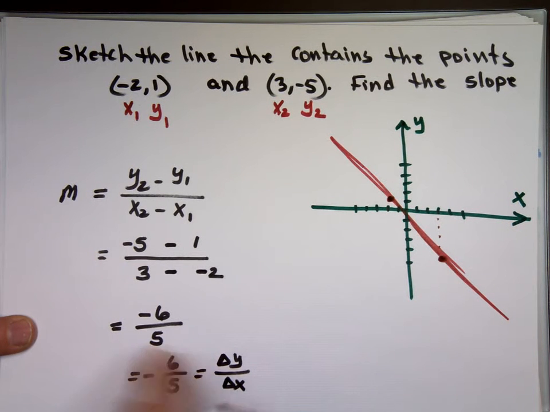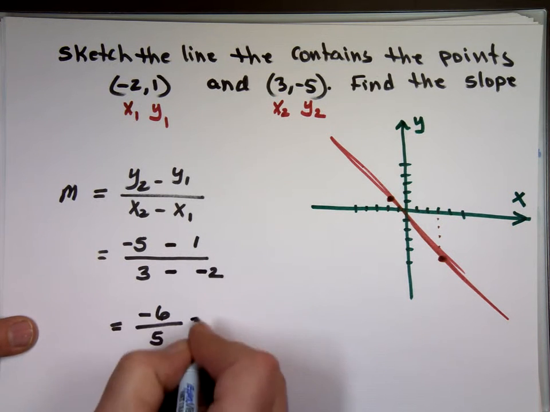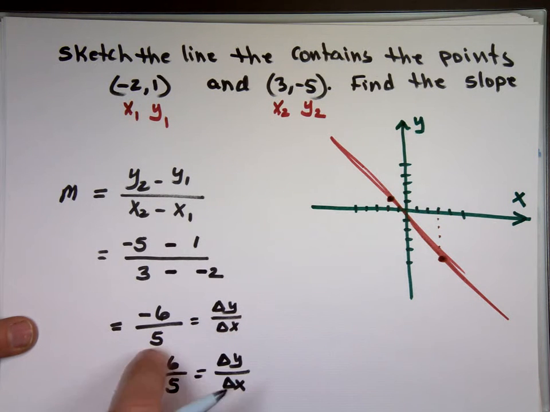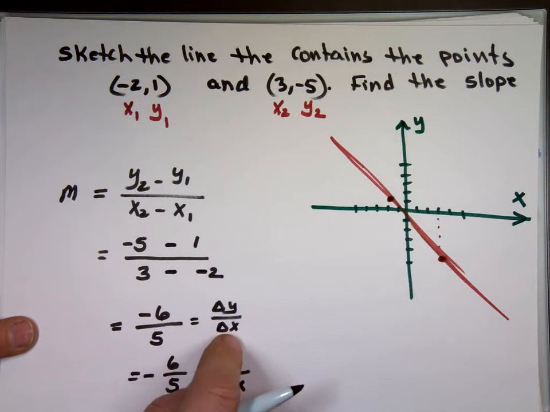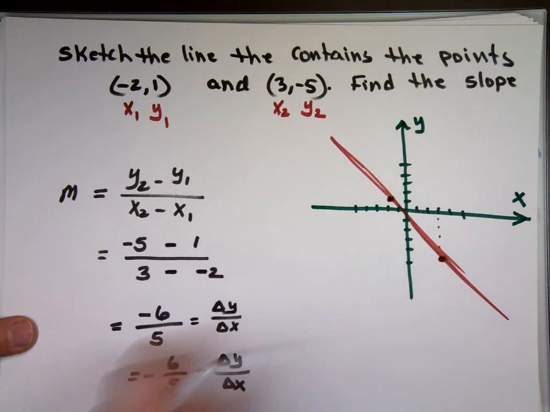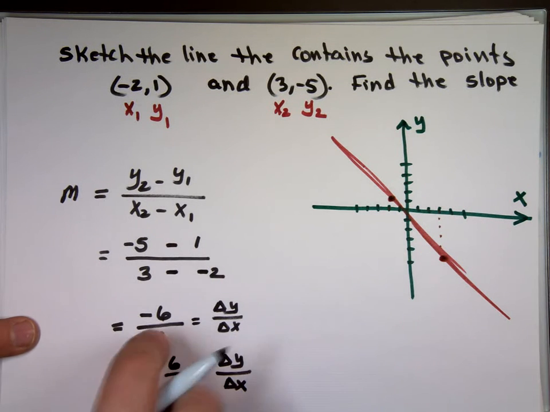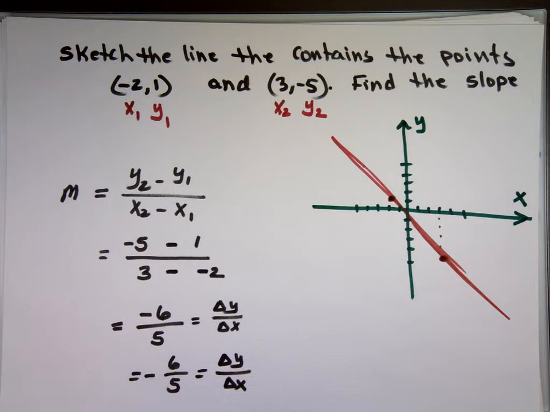Notice your slope, negative 6 over 5. If x increases, that's positive 5, it means go to the right by 5 steps, the y value, its negative, will decrease by 6 steps. That's what that means.